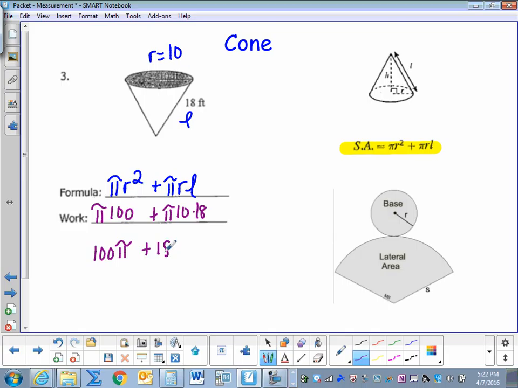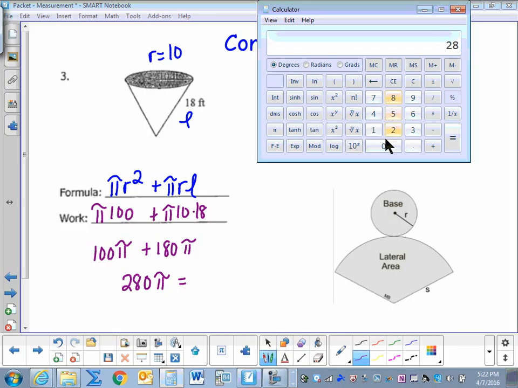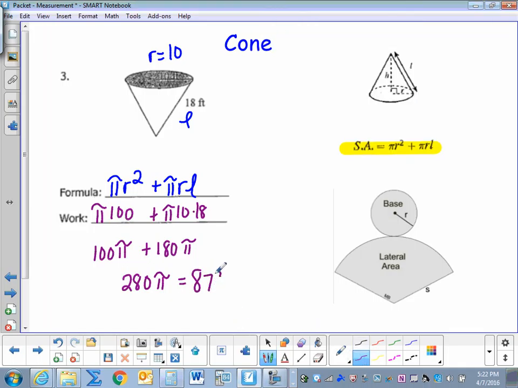So 180 pi. 100 pi plus 180 pi is 280 pi, which equals 879.2 square feet.